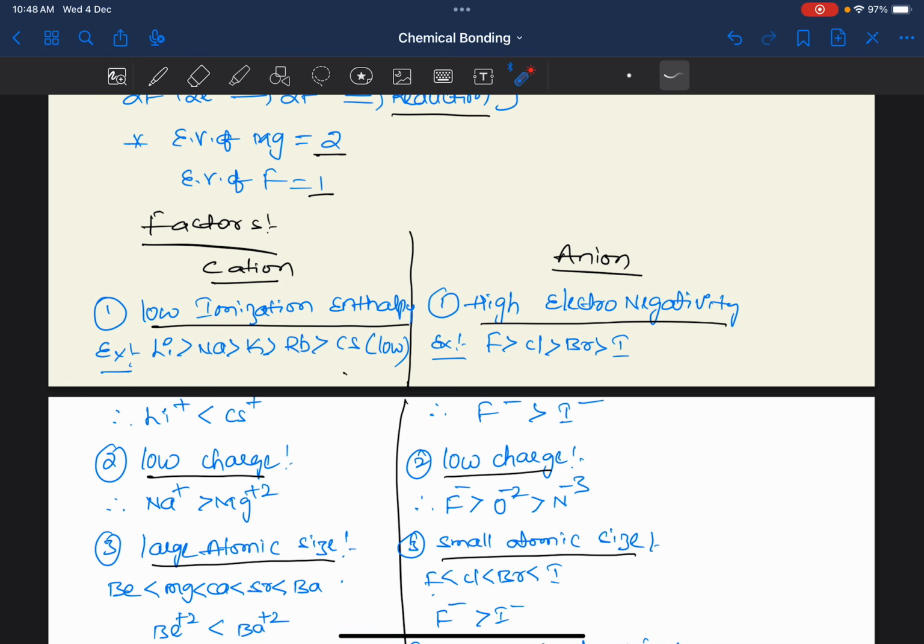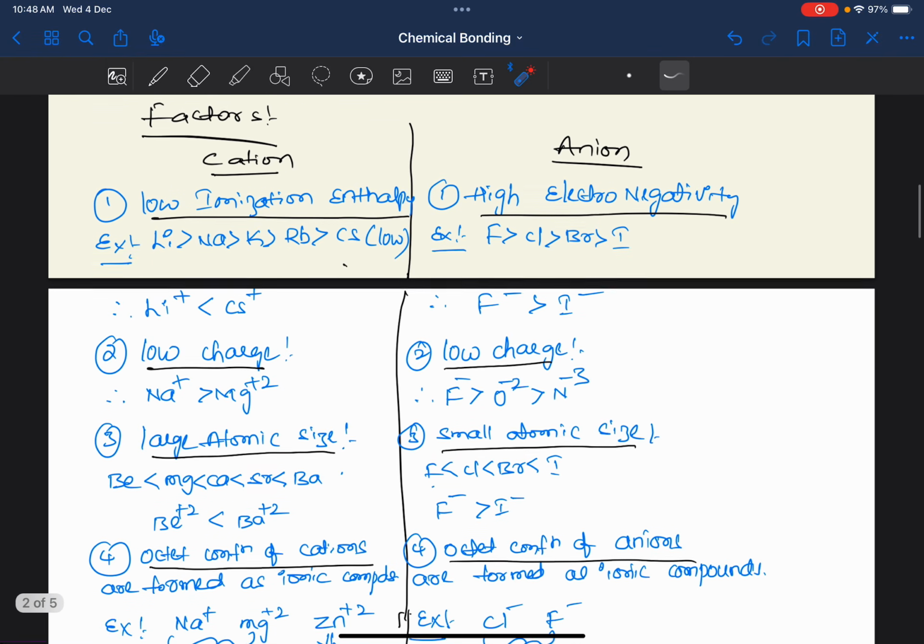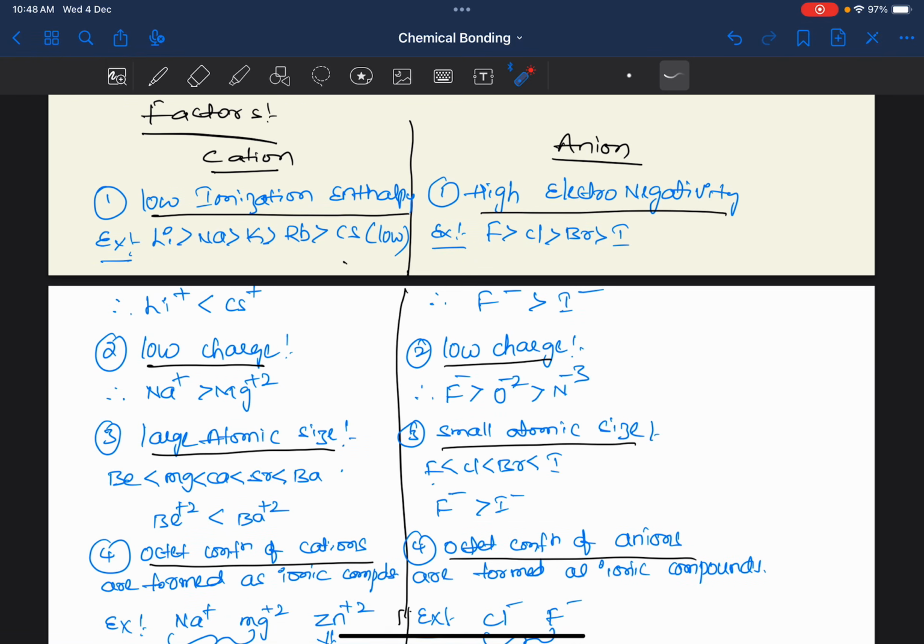If we compare lithium ion and cesium ion, cesium ion is more easily formed as a cation. Therefore, low ionization enthalpy is preferable for the formation of a cation.